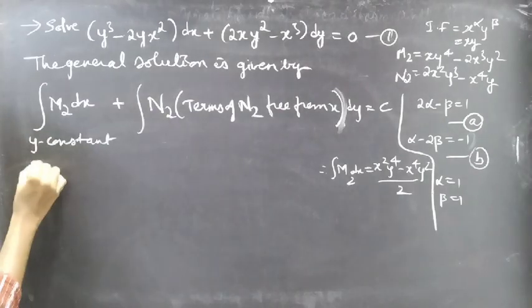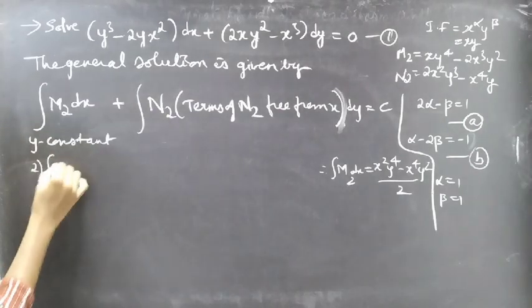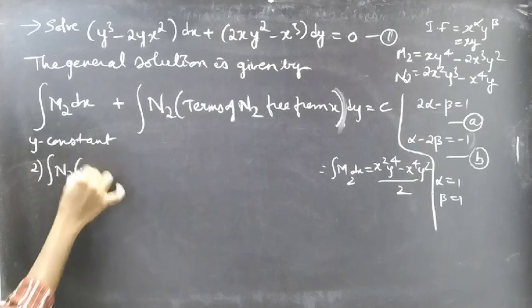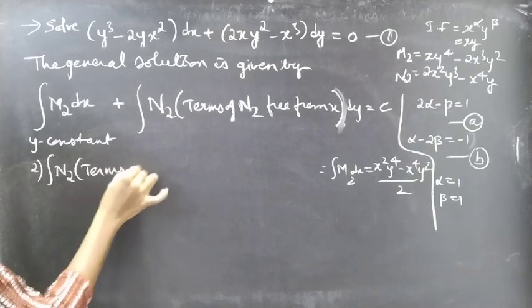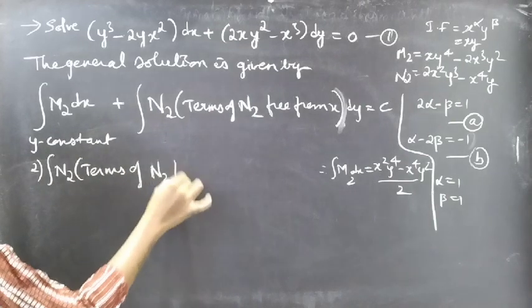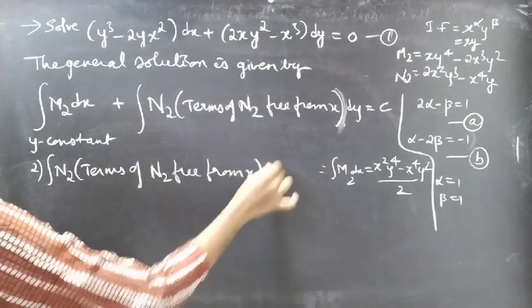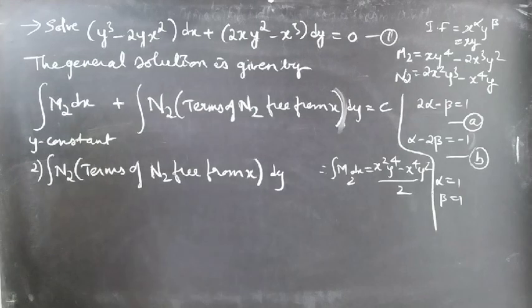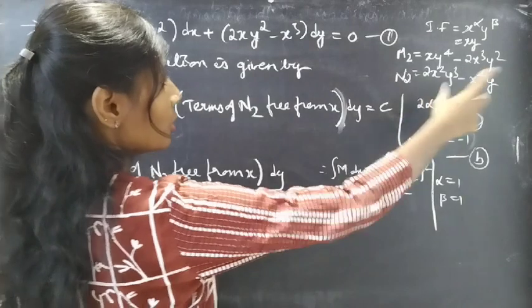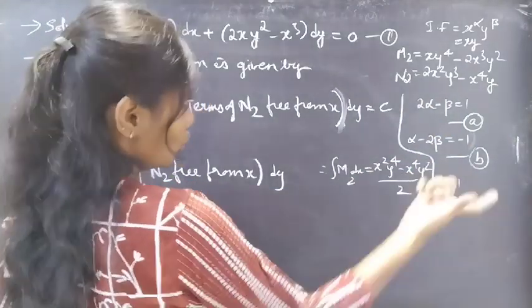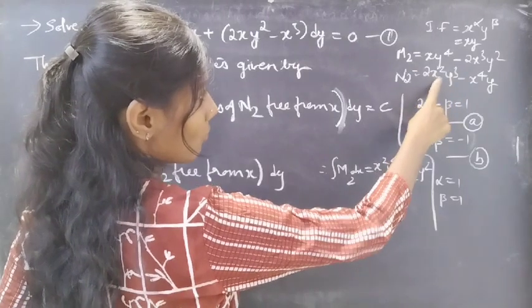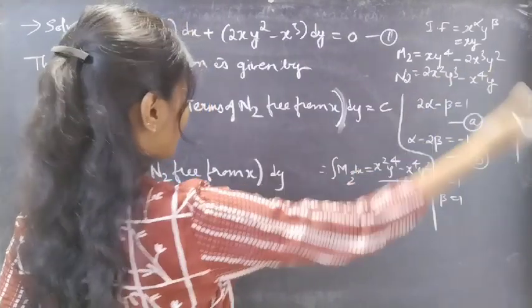Now coming to the second one, integral of terms of n2 free from x into dy. Just observe n2. Do we have any terms which are free from x? No. Here we are having, in the first term we are having x square, and in the second term we are having x power 4.